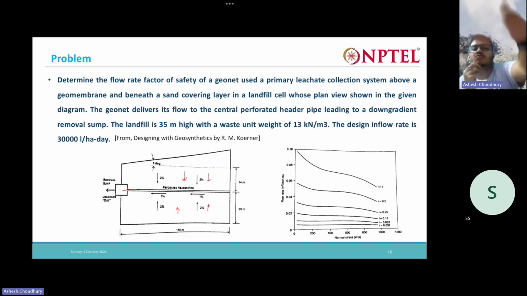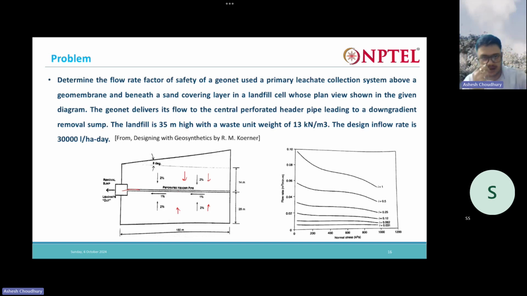Below you have a layer of sand, and below that sand you have this geonet system that drains the leachate to a final main header drainage pipe, and the header drainage pipe finally drains it out.